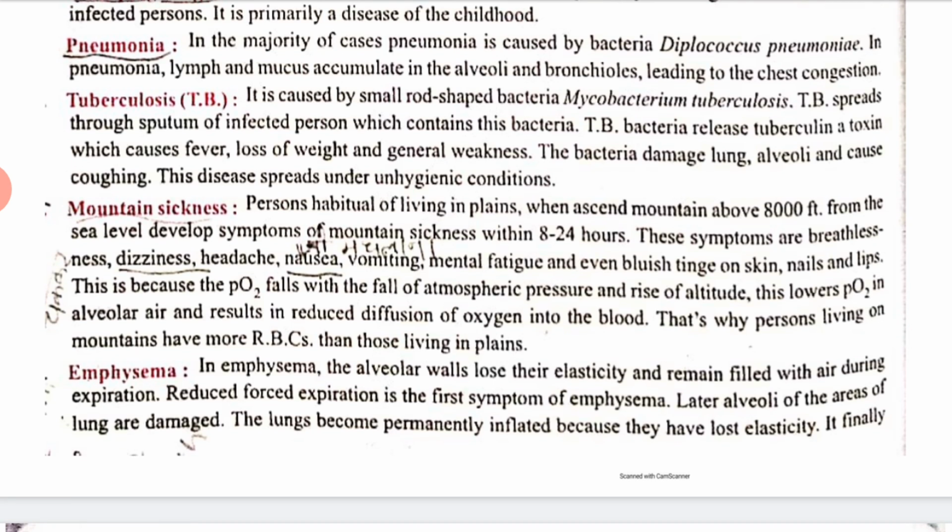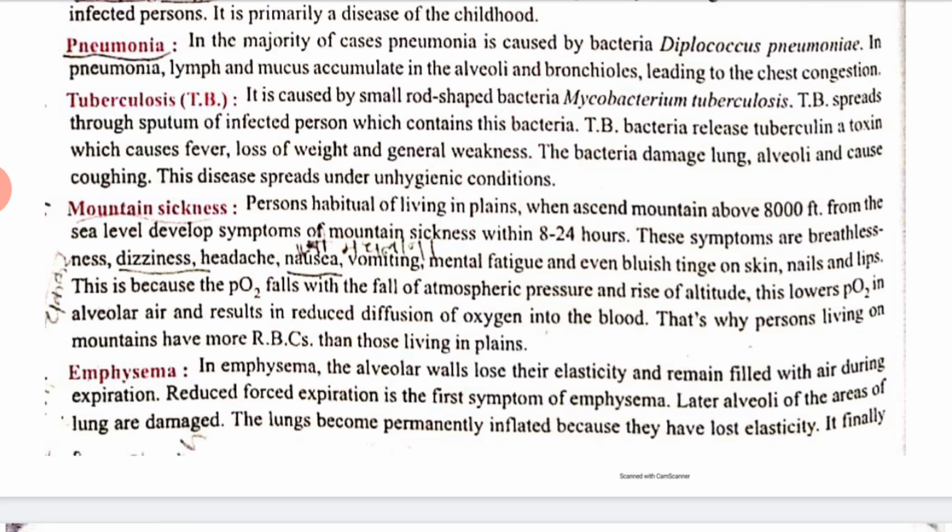It is caused by small rod-shaped bacteria known as Mycobacterium tuberculosis, spread through the sputum of an infected person. The bacteria release tuberculin, a toxin which causes fever, loss of weight and general weakness.